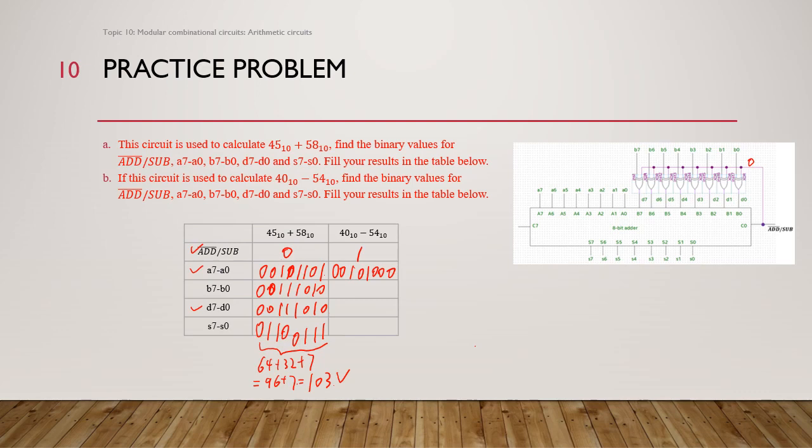That's 40. Then B would be the binary representation of positive 54. So that's 32 plus 16, then plus 6.